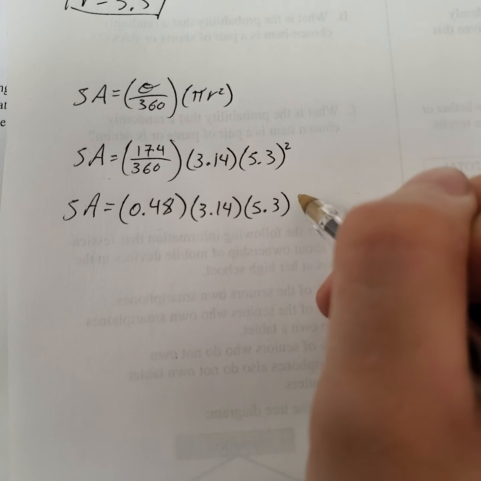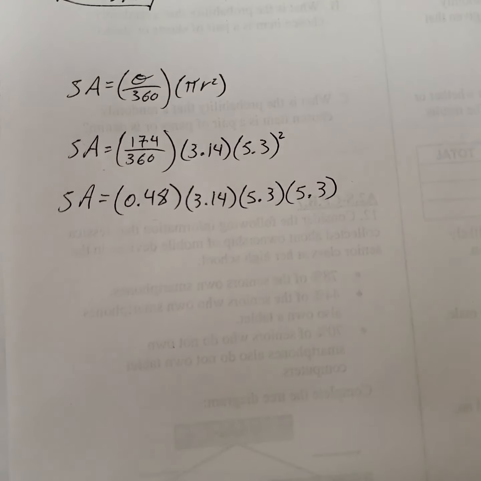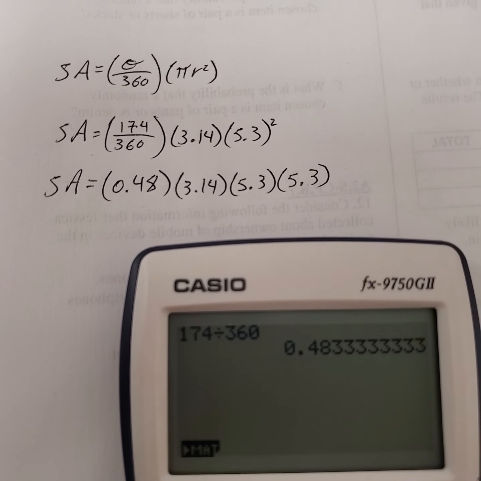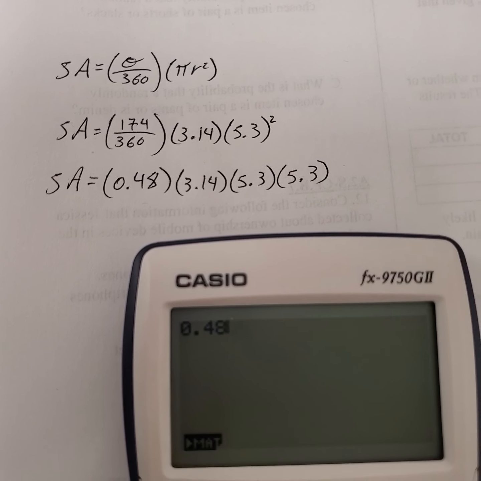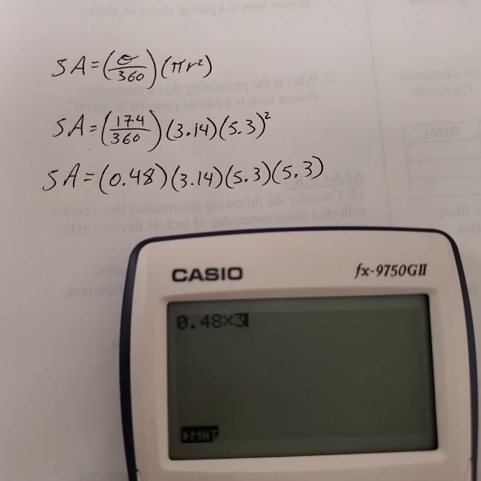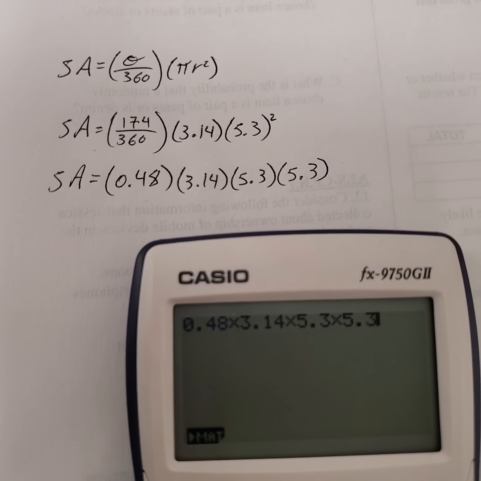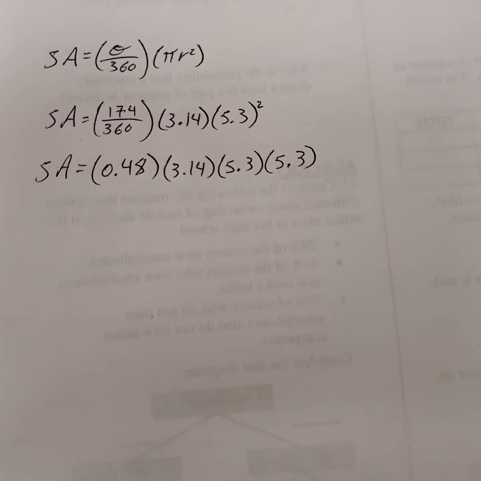I'm going to write 5.3 again so I don't put the square. And I'm going to put all of these numbers in the calculator. So 0.48 times 3.14 times 5.3 times 5.3 equals 42.3.